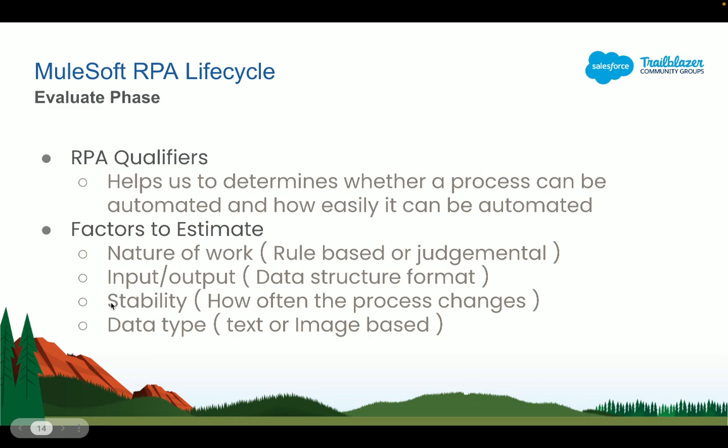Then you have to also think about stability of your business process. For example, today I use MuleSoft RPA to automate this business process, and tomorrow, once I deploy this to production, and we also have VMs, right? VMs are not very cost efficient either.